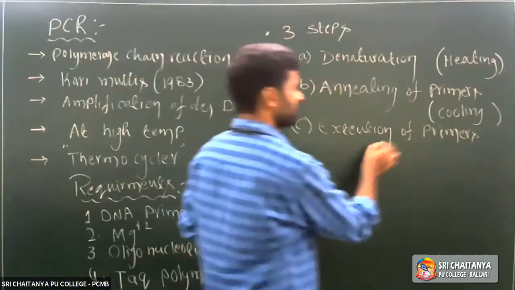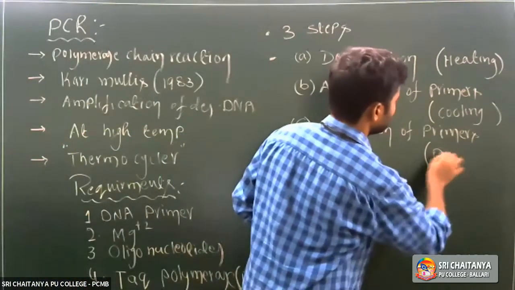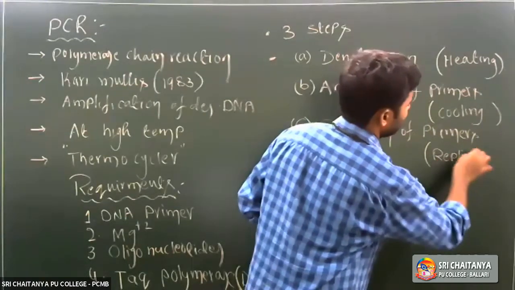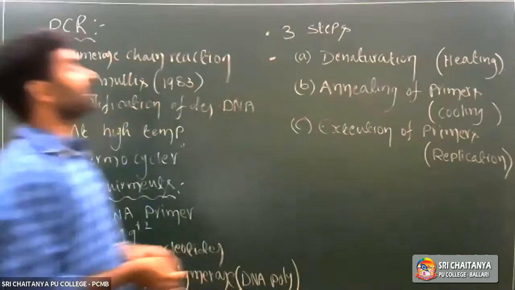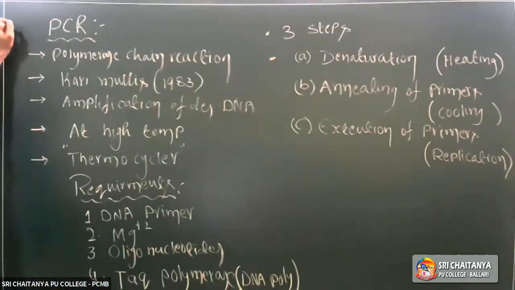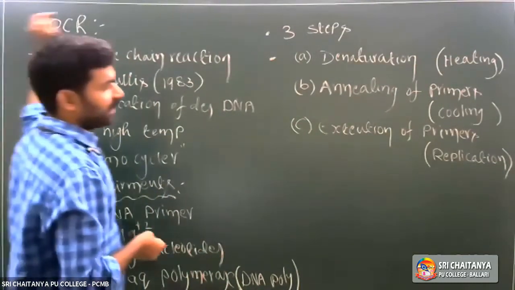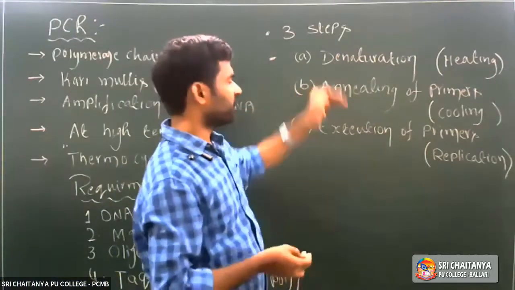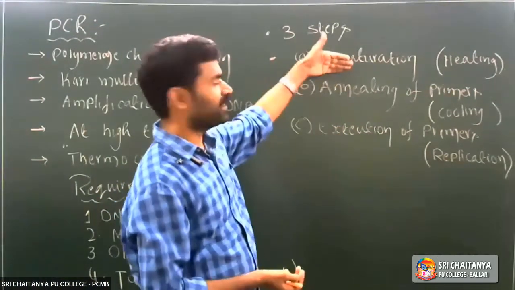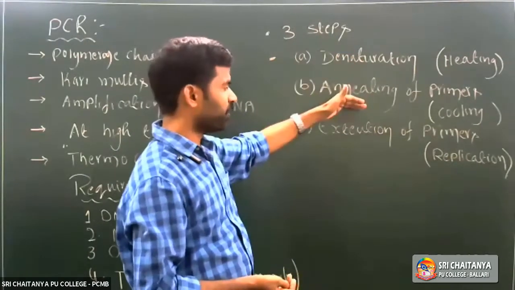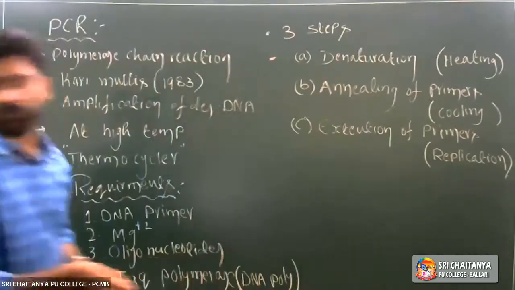Then extension of primers is nothing but replication, right? So these three major steps are involved in the PCR technique. One is denaturation, second one annealing of primers, third one extension of primers. Okay, what are they? We'll see what denaturation is, what annealing of primers is, and extension of primers.